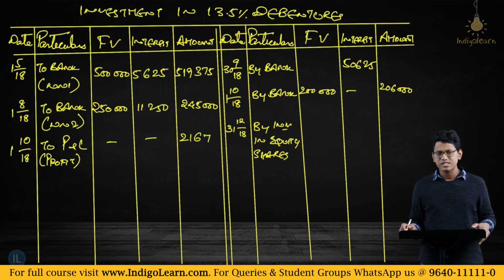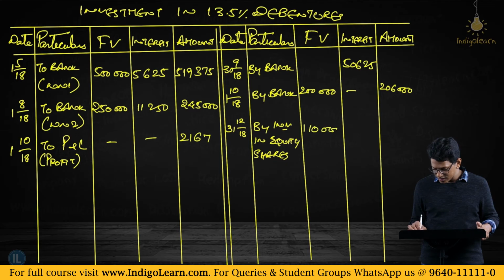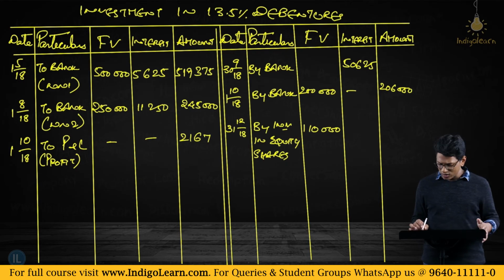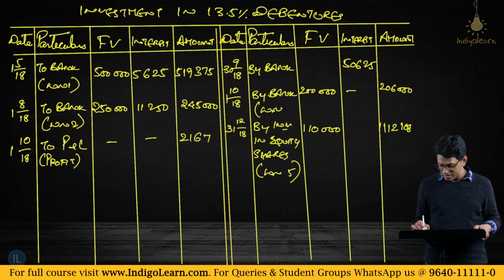How much portion went out? 1,10,000 went out. At what value? We did that calculation. It is 1,12,108. Right. So for this we have our working note. Everywhere we have our working note numbers, and also please give working note references.